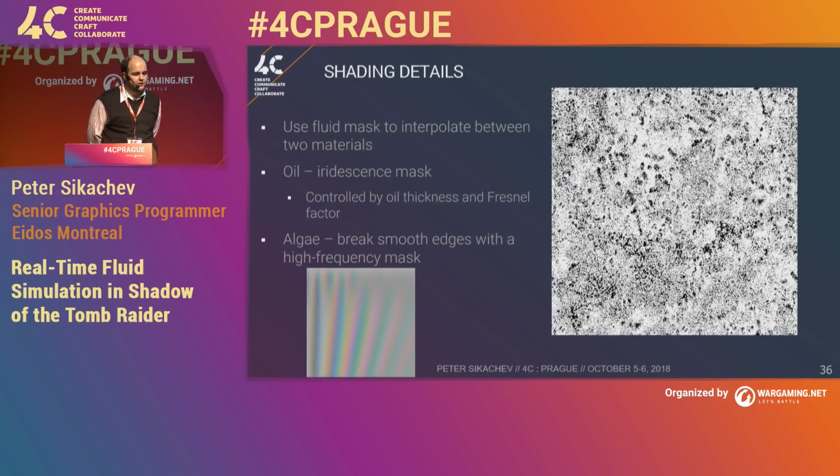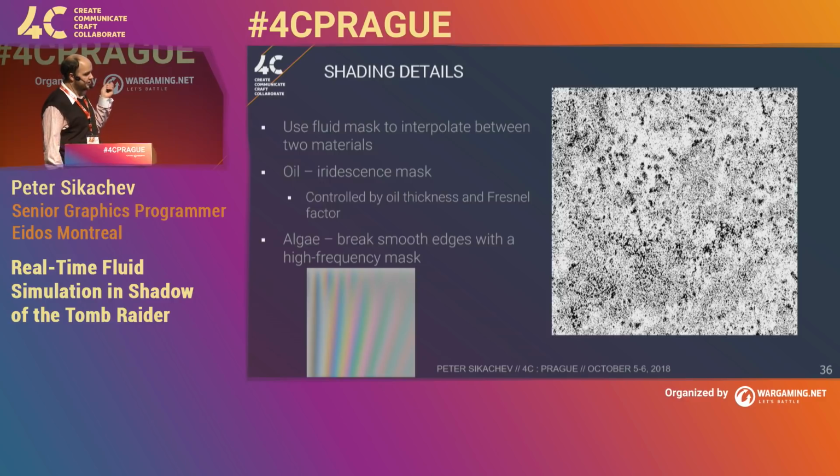Then a little bit on the shading details. We had those 2 big things: the oil simulation and the algae simulation. The fluid mask is used to interpolate between two materials, be it water and oil or water and algae. For oil, we use an iridescence mask, governed by oil thickness or density, and the Fresnel factor.